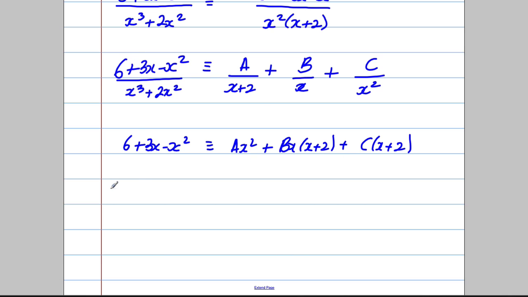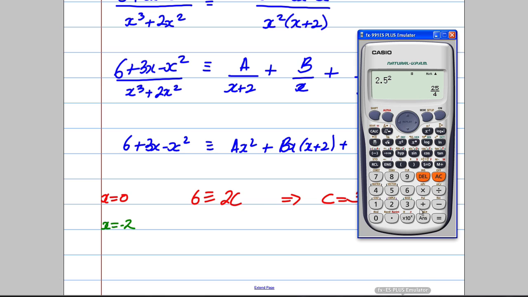Now how would I do this? The first thing I'd probably do is let x equal 0, then this thing here would be 6, that would disappear, and I'd get 2c, so that would tell me that c is equal to 3. Then I'd let x equal negative 2.